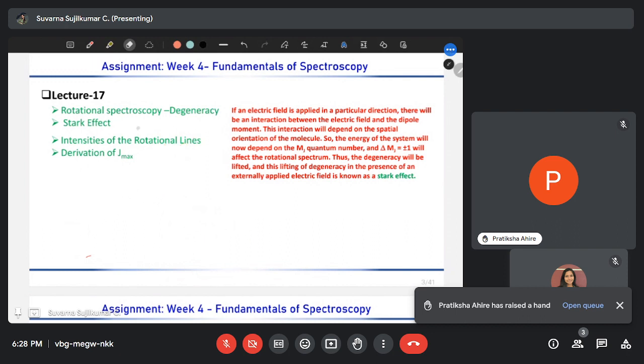So we are just recapping what all the topics covered in last week were. So consider experimentally obtained rotational energy levels, which can be roughly represented as, it's a bit difficult to draw like this actually.